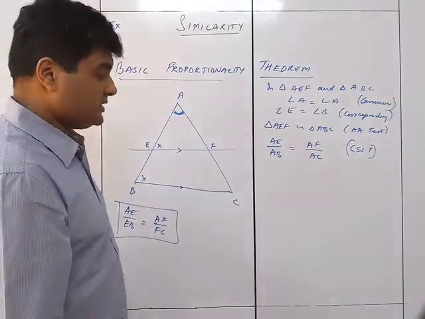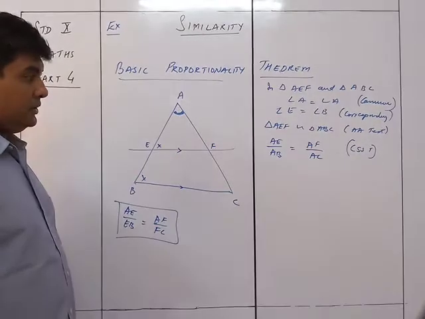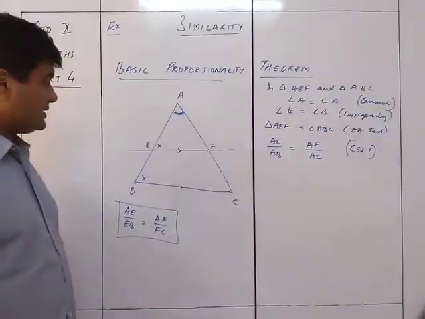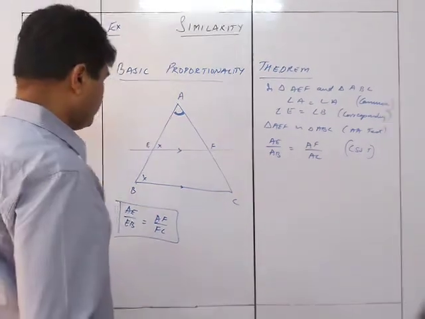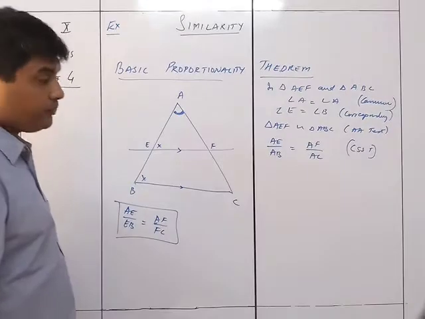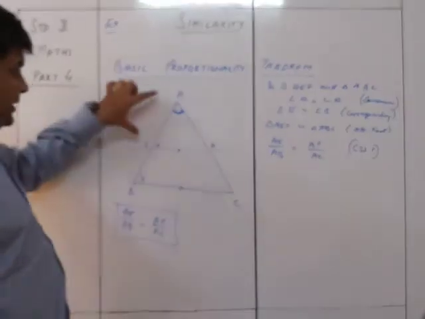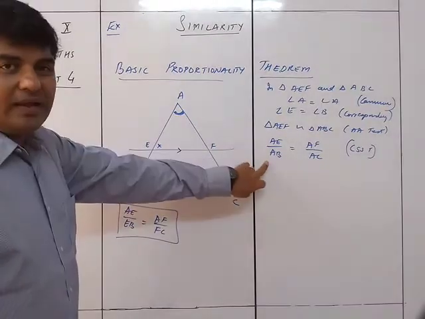Now what we want is AE upon EB, right? So how can we get EB instead of AB?